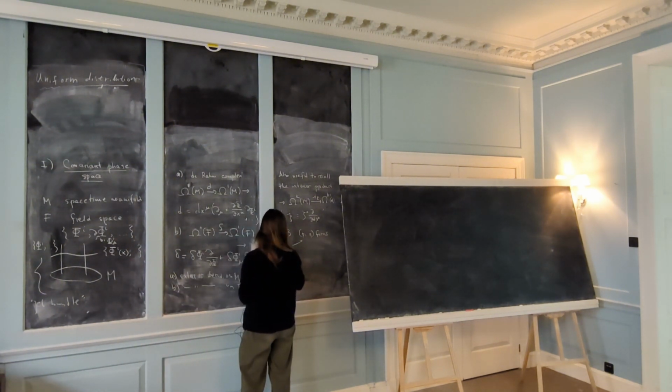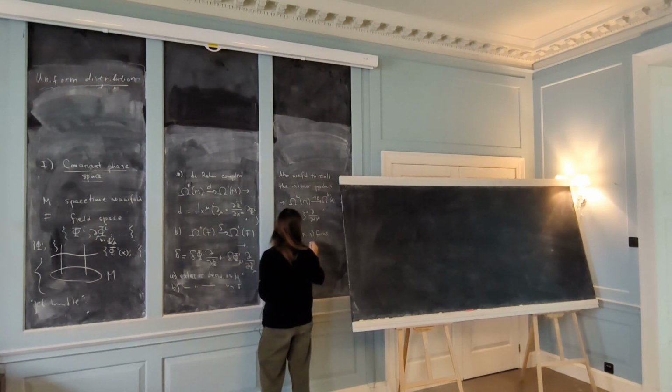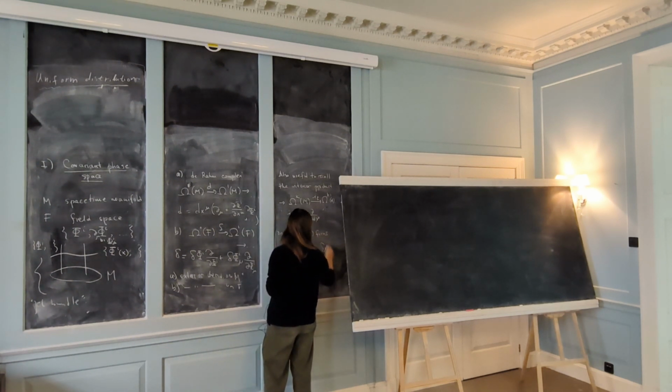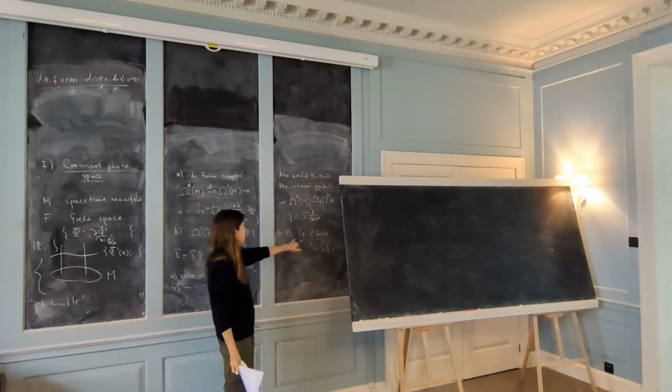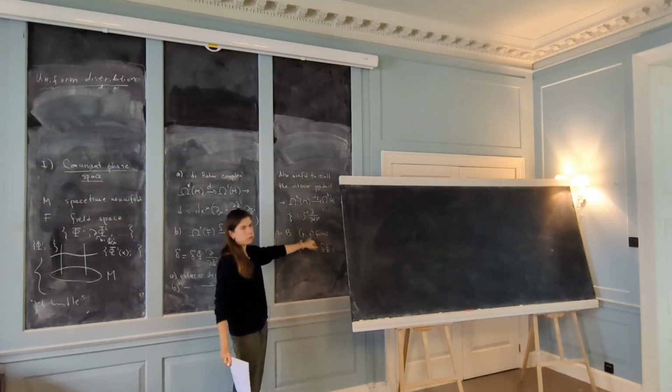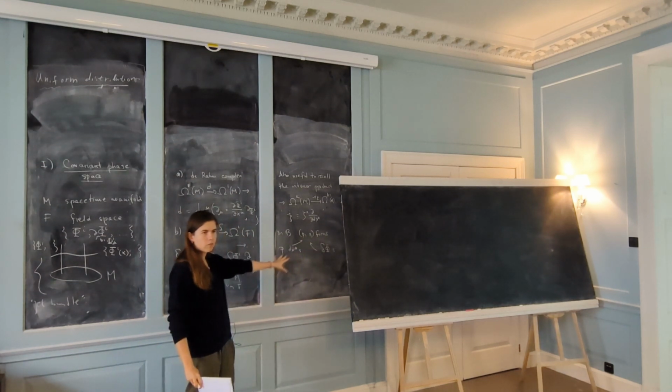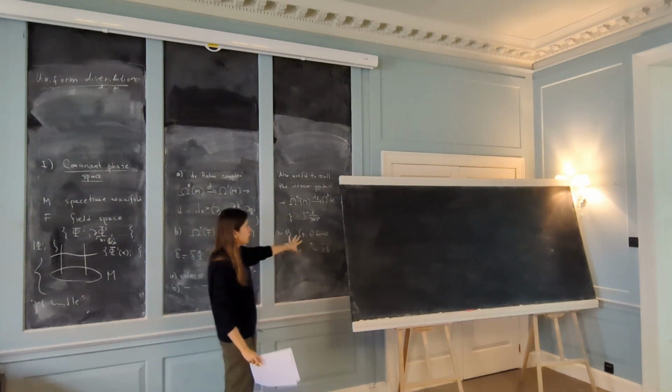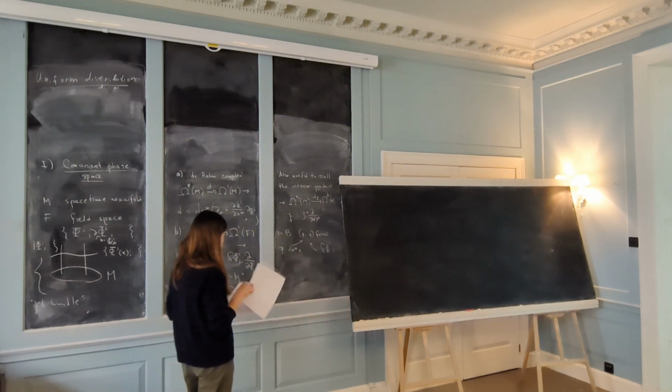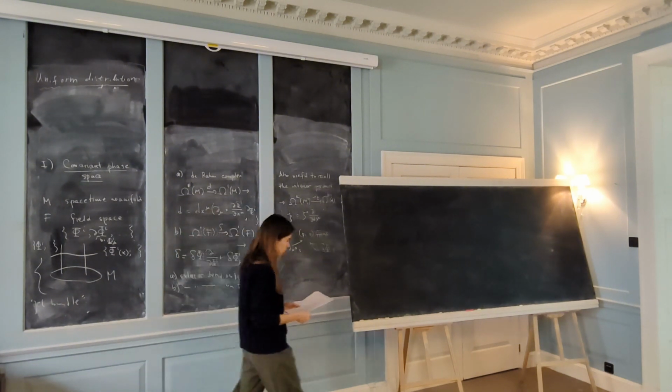So basically we have P dx mu's and Q delta phi. So it's a P form in space-time and a Q form on field space, right? So every quantity that we can write down is going to be such a P comma Q form.